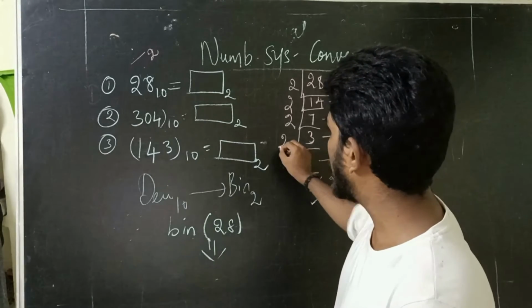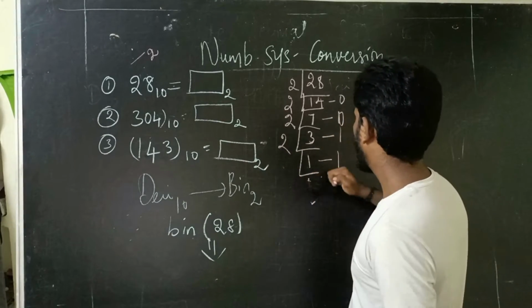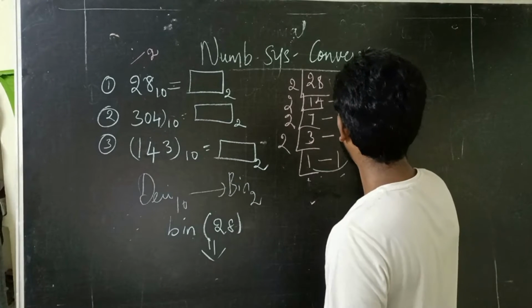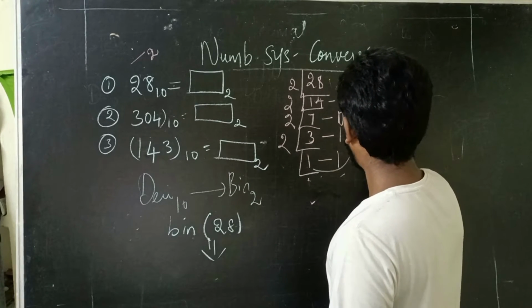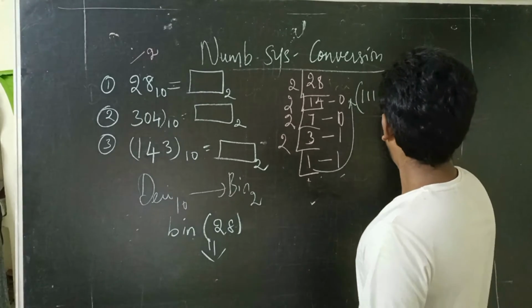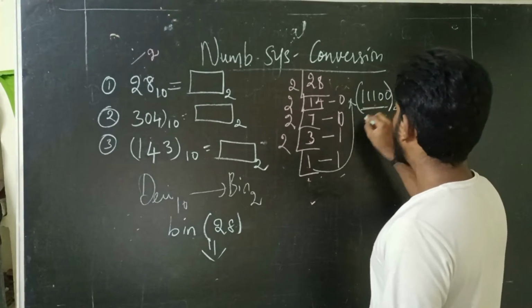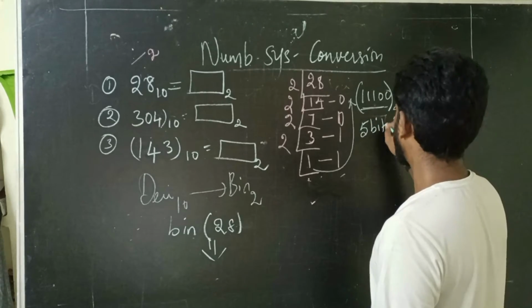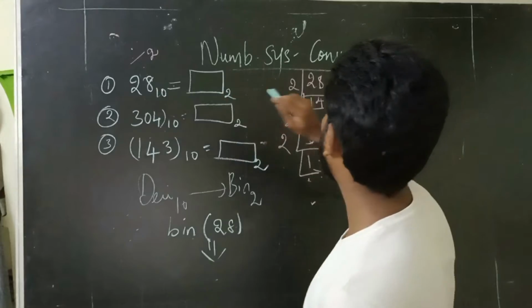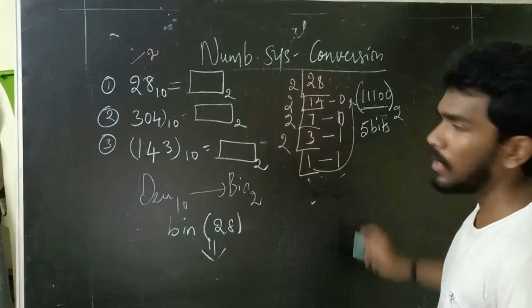If you have a number less than 2, we stop. Reading in this order, I get 1 1 1 0 0 base 2. This is the 5-bit representation: 28 base 10 can be written as 11100.